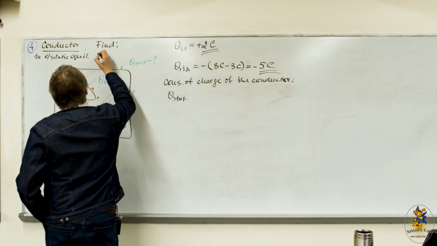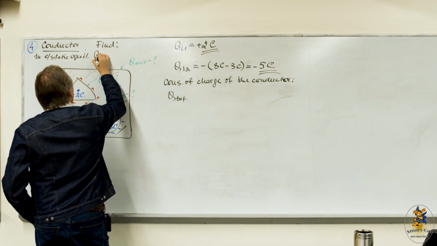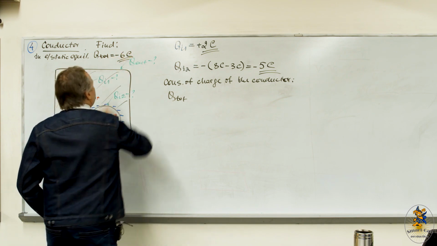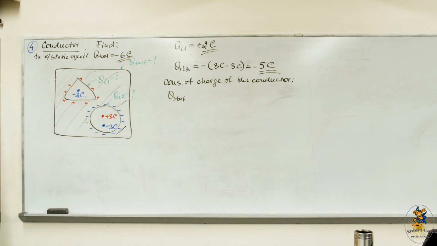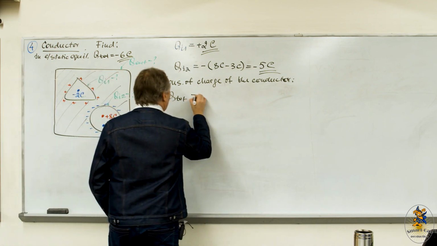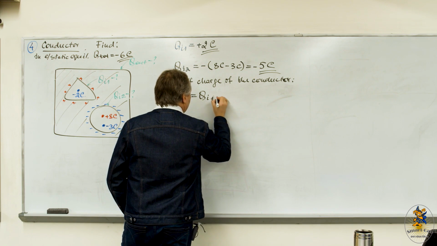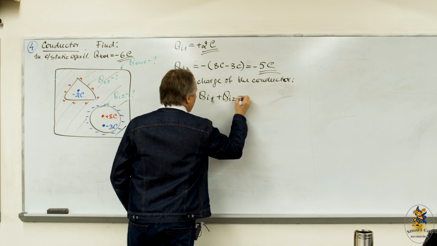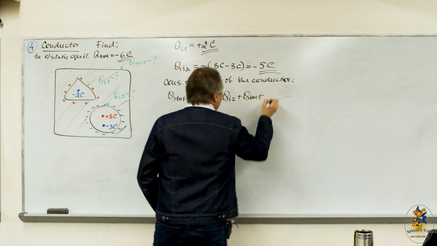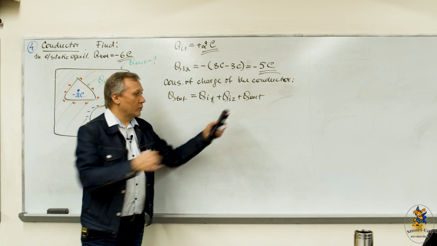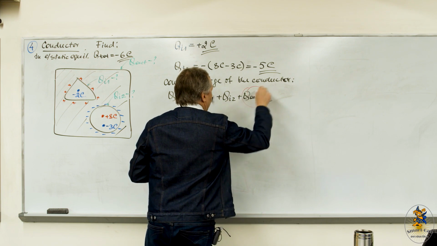So let's assume Q total equals minus 6 coulombs, given. So Q total equals Q in the 1 plus QI2 plus Q on the outer surface. So given, found, unknown. Piece of cake, right?